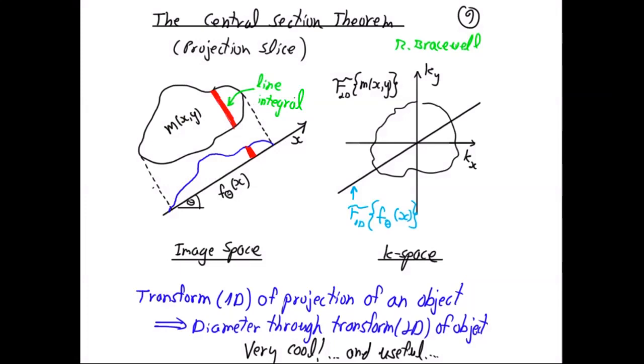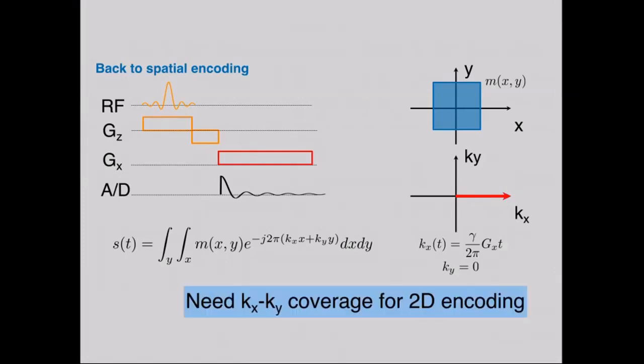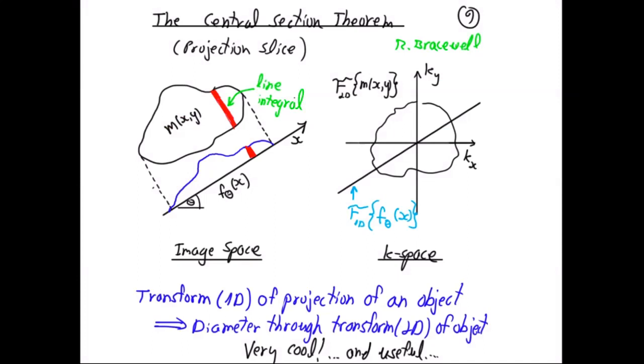If you actually think about it, this line over here in the frequency domain is like the Fourier transform of a projection. So if you know the central slice theorem, it says the following.